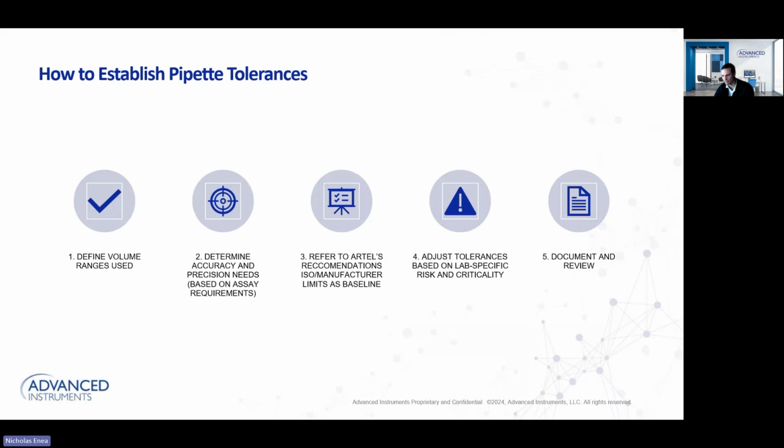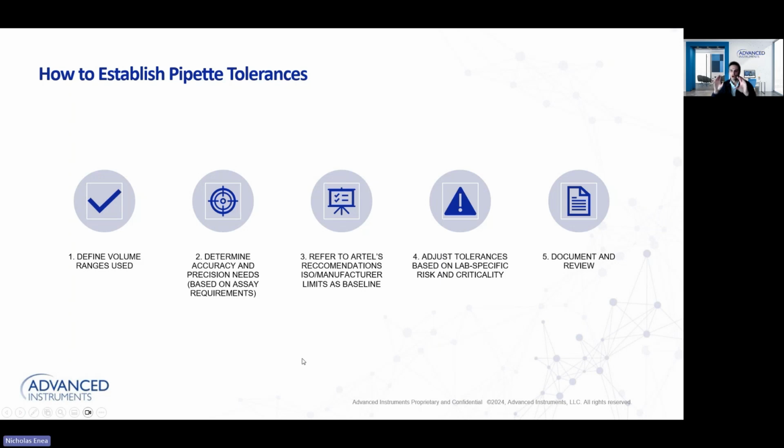I know this is commonplace for most laboratories, but on an annual basis, if your pipettes continue to fail or your liquid handlers continue to fail, you want to understand the root cause of these failures. Is it the tolerance? Is it the operator? Is it the inherent variability of the system? This is something that is always moving, that you want to be able to adjust with as well.